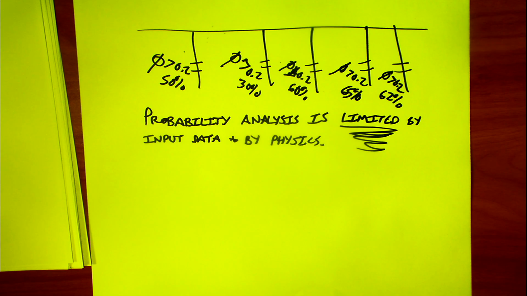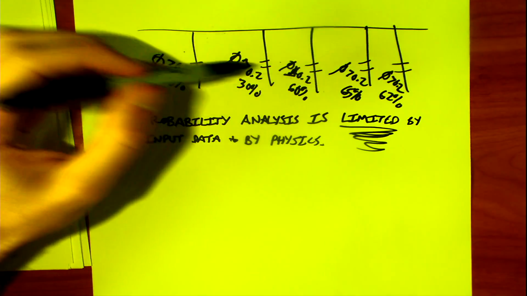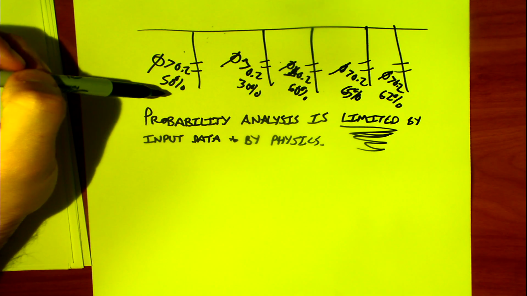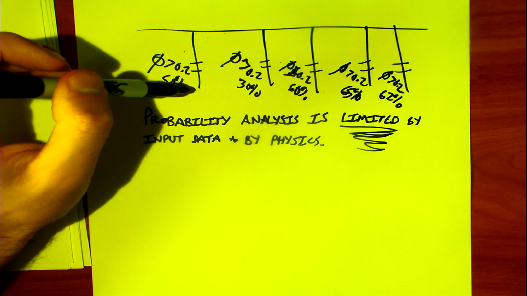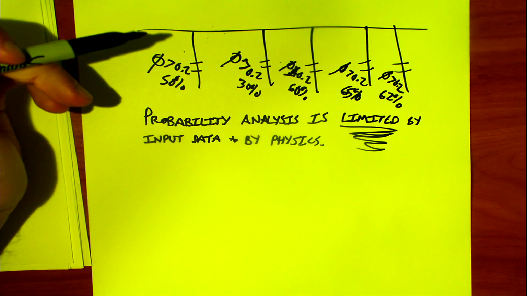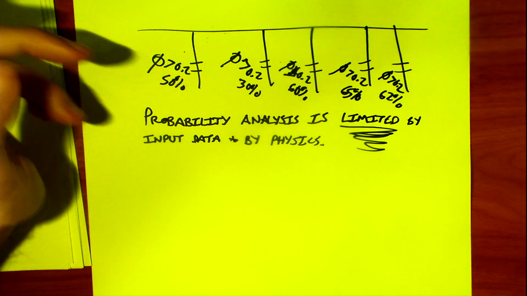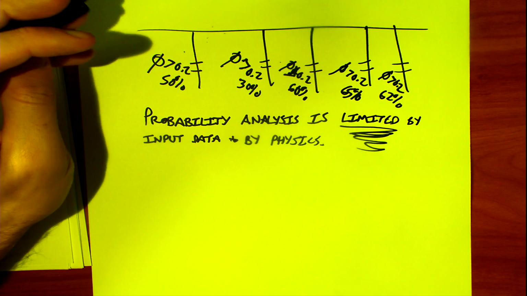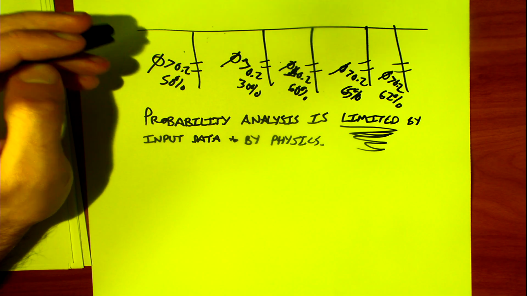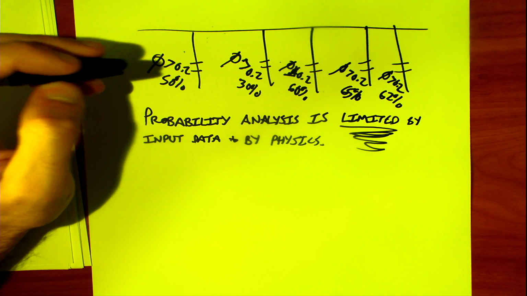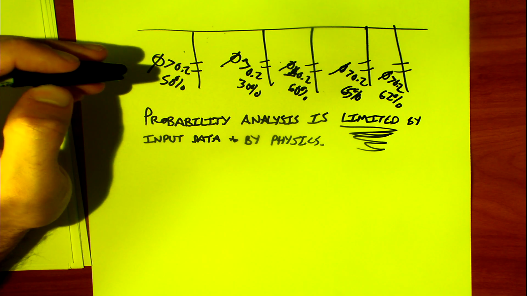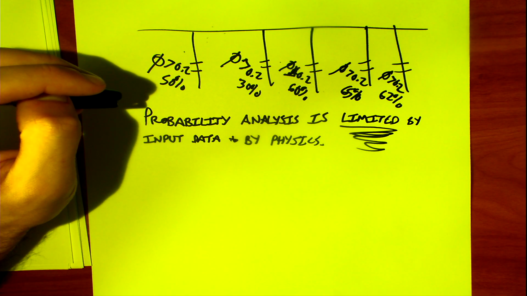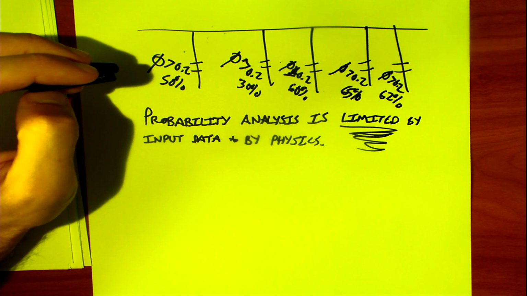If all I have are these five data points that are somewhat vague, that's not going to hold up very far. So probability is limited by data and by the fact that it's not actual physics. It's an estimation based on some measurements or models. That is a very large caveat that I want to throw in there.